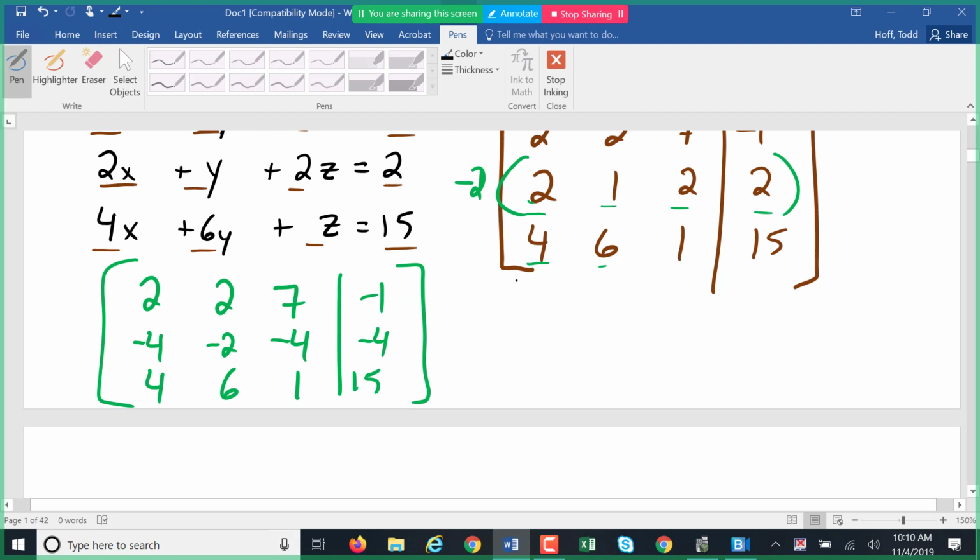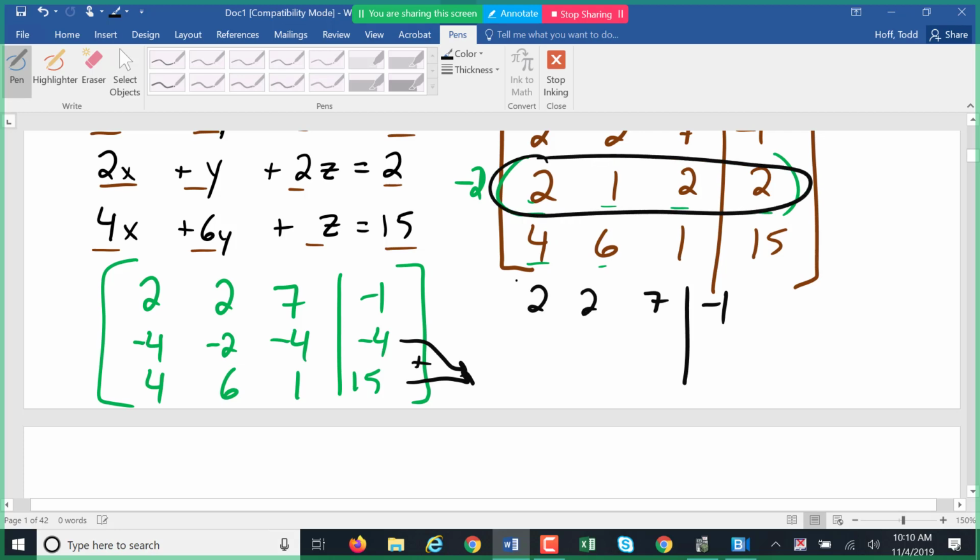So what I want to do now for the next step is add these two rows and use it to replace the bottom row. So my top row stays the same, 2, 2, 7, negative 1. My middle row, I'm going to go back to what it was before I multiplied, 2, 1, 2, and 2.